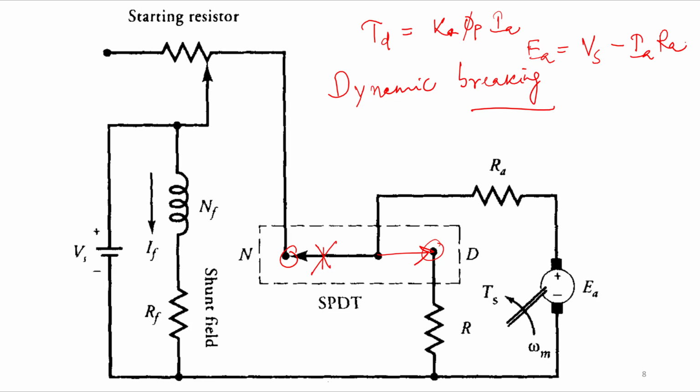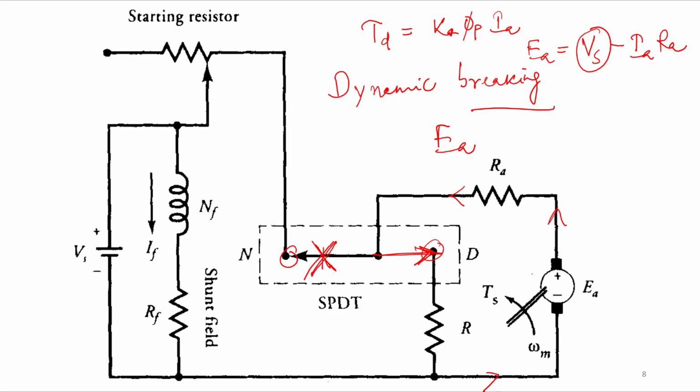Okay. So now if your switch is broken here and connected to this point, what will happen? Your Vs will become 0, right? Now your EA will supply current to this resistor, because this circuit is completely broken, right?